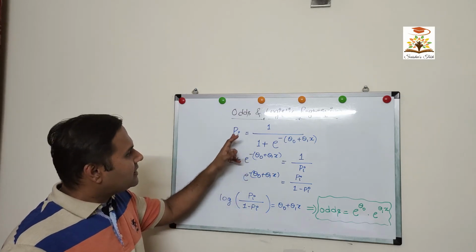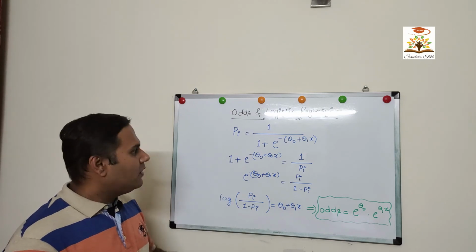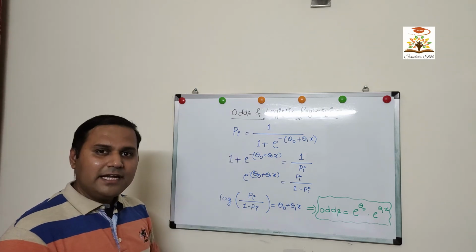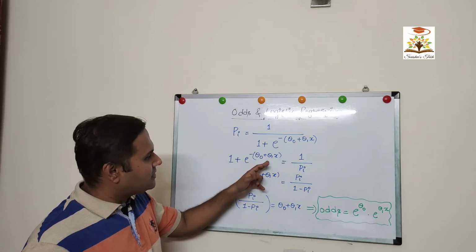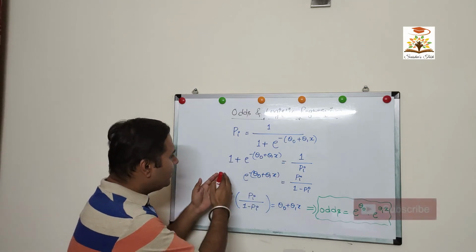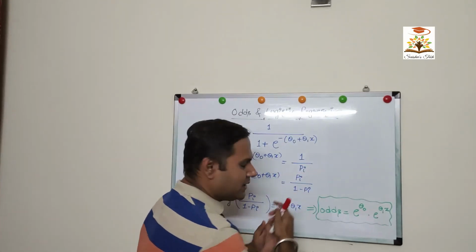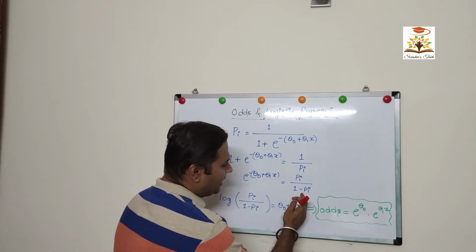If we interchange the denominators and numerator on the either sides of the equal to sign, it gets represented as 1 plus e raised to minus theta 0 plus theta 1 x is equal to 1 by p of I. Taking the 1 to the other side of the equal to sign, we get p of I divided by 1 minus p of I.